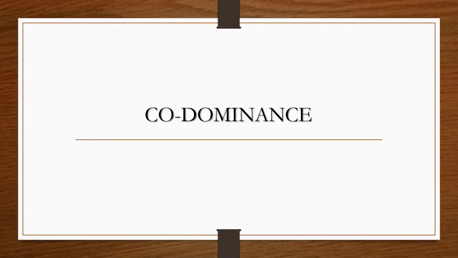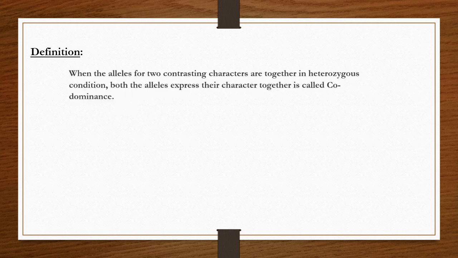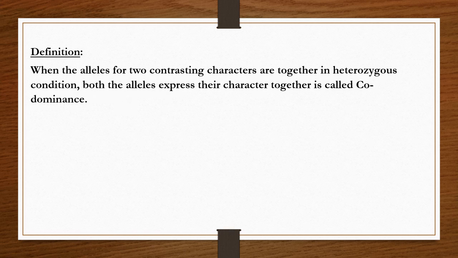The next concept is codominance. Definition: when the alleles for two contrasting characters are together in the heterozygous condition and both alleles express their character together, it is called codominance.